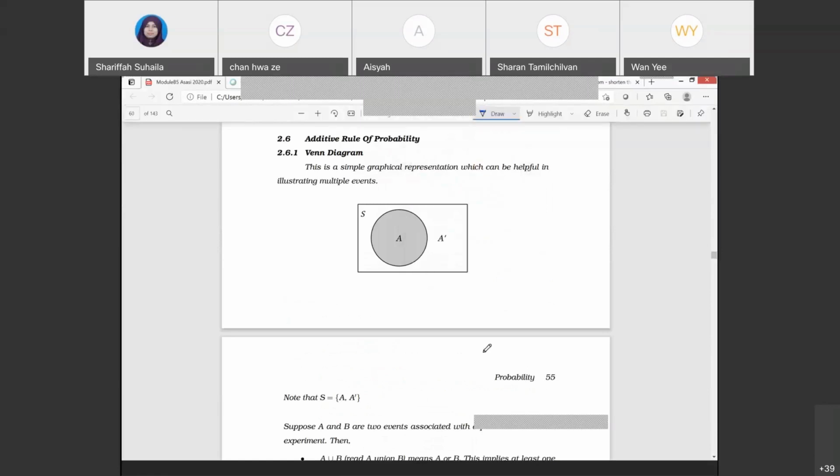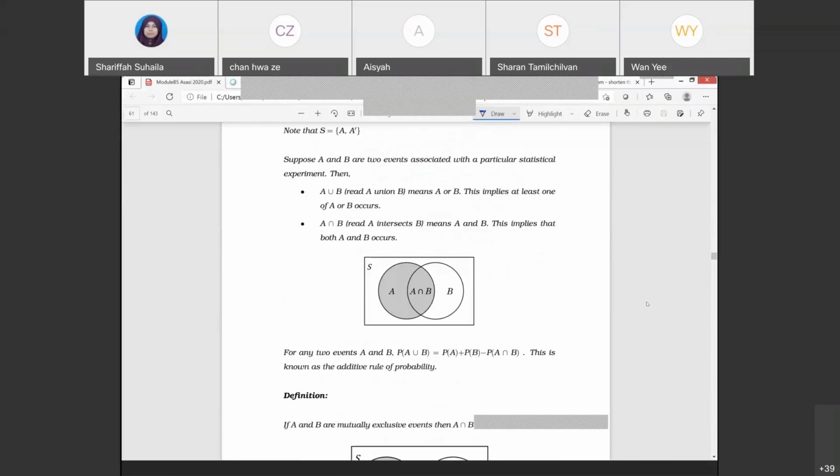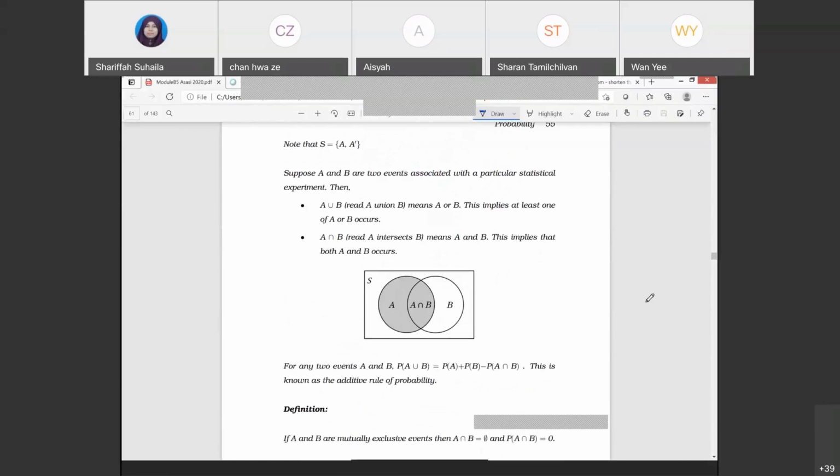So again you have A union B, which means A or B, set A or set B or both.